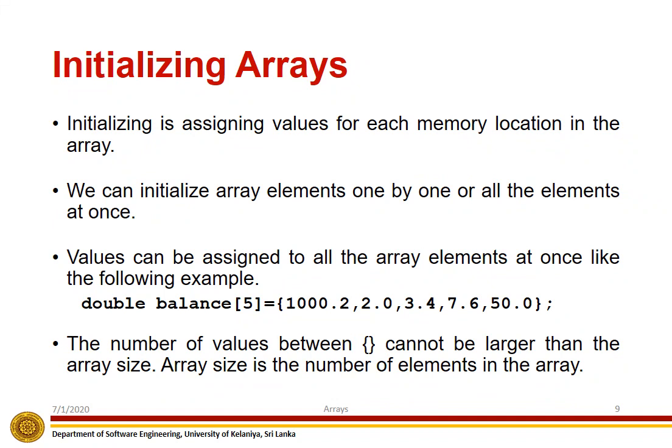Then equal, inside curly braces we have to give the values 1000.2, 2.0, 3.4, 7.6, 50.0. So we can store 5 double values inside the array balance. The number of values between curly braces cannot be larger than the array size. Array size is the number of elements in the array.